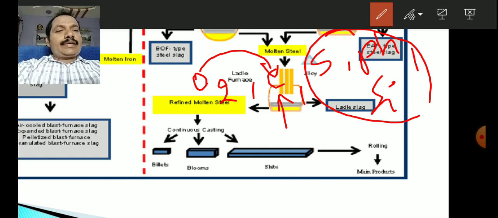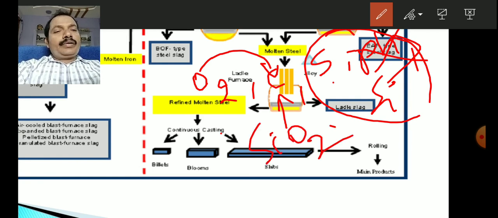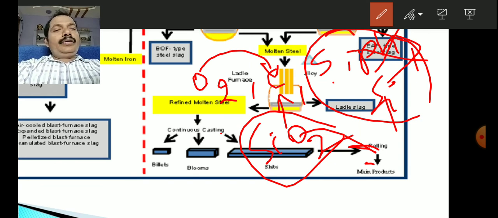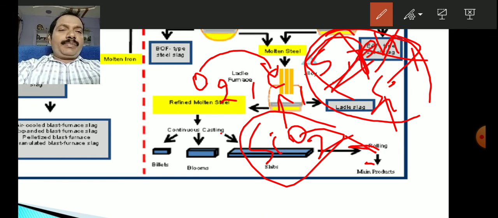So this oxygen reacts with phosphorus and silicon, and phosphorus oxide is eliminated. This is removed, and silicon dioxide is also formed and it is removed through slag. And next one is the sulfur content. Somewhat it is difficult to react, so a separate pre-treatment action is to be taken to eliminate this sulfur.